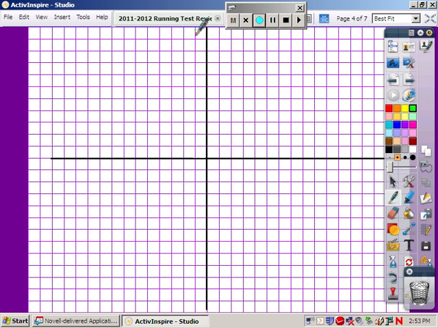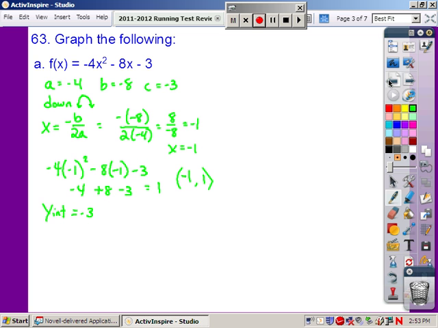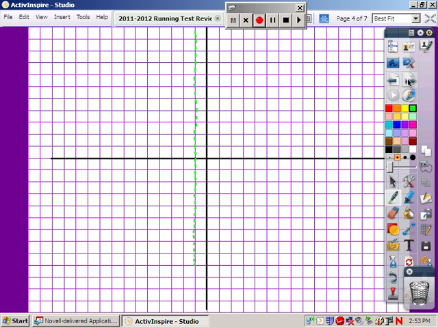We need a vertical dashed line right here. When you're doing this on a test, you should have a ruler and make these things nice and straight. All right, you have a vertex point, the first one we found, -1, 1. The vertex is always on the axis of symmetry, -1, up 1, so right here.